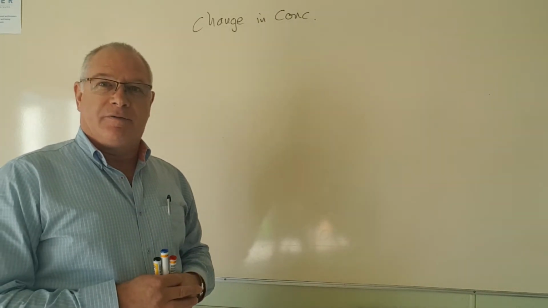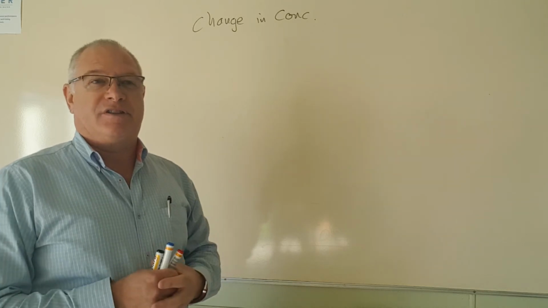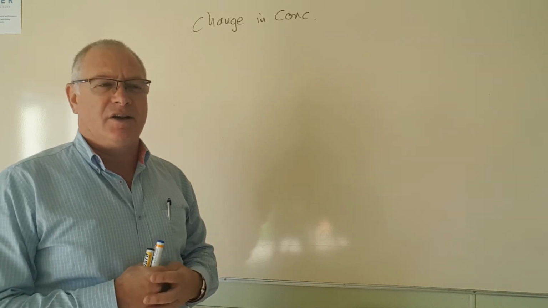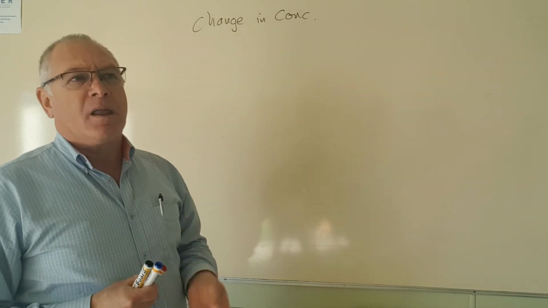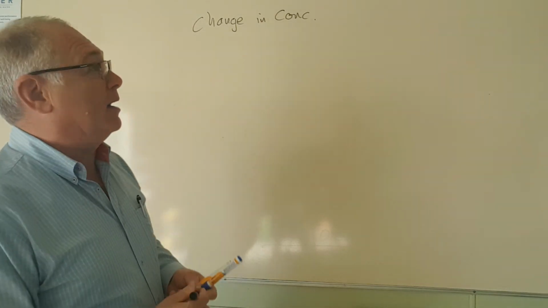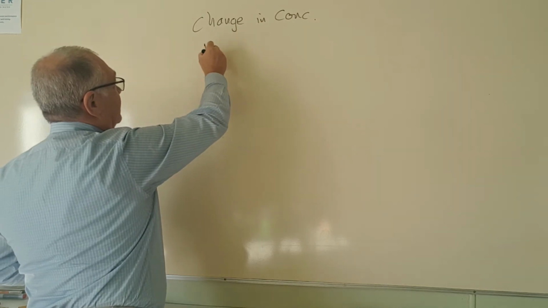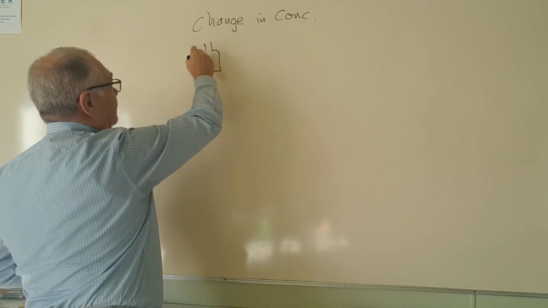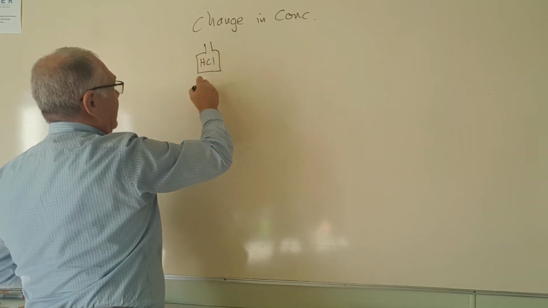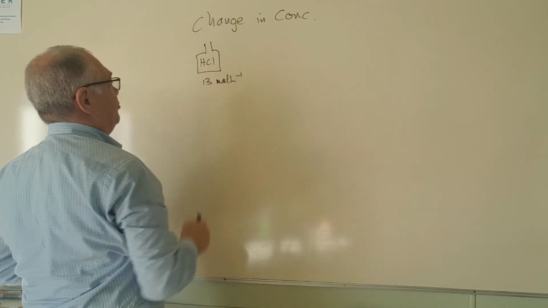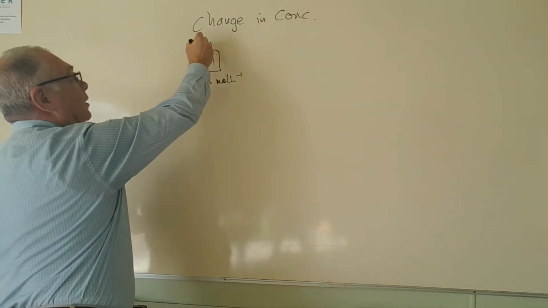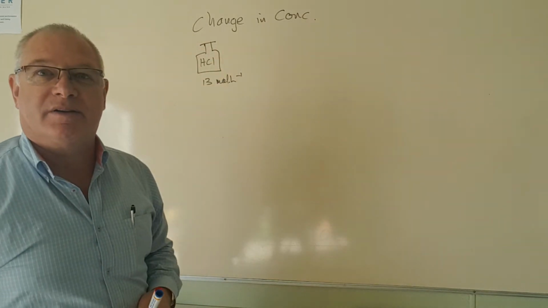Let's have a look at a different form of this. If, for example, I'm wanting to make up a standard solution, and this is where I would tend to use this more often. Let's say that I've got a bottle of acid and it's 13 mole per litre. Put a cap on it because it's dangerous.